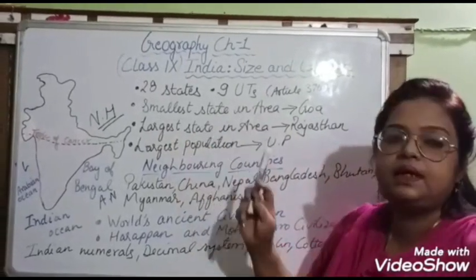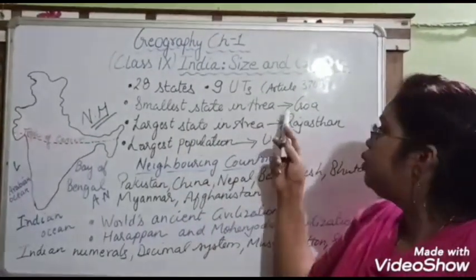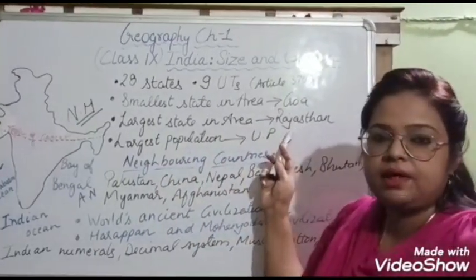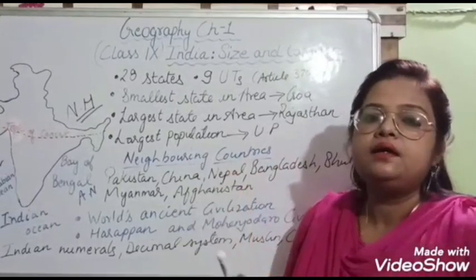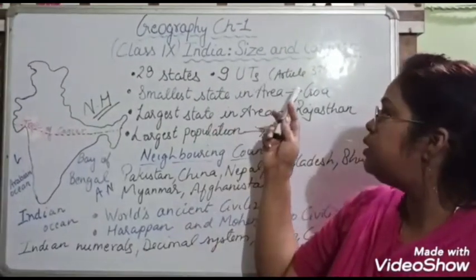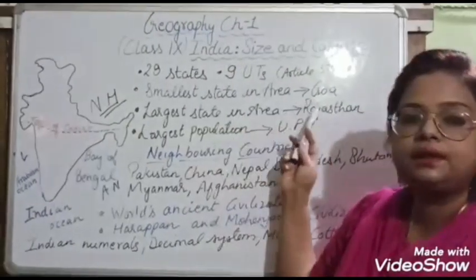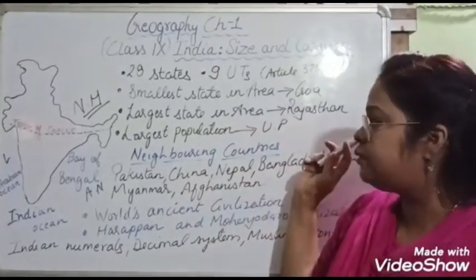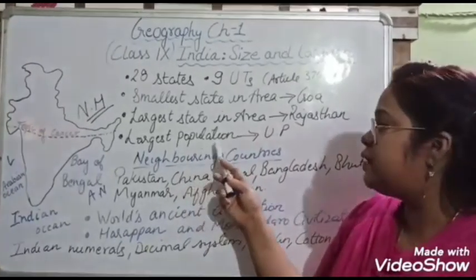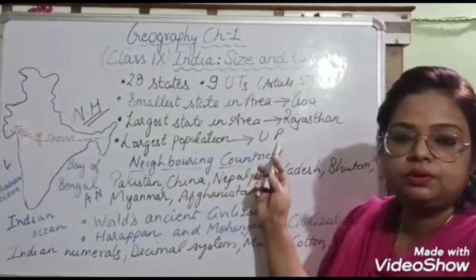The smallest state area wise is Goa, and the largest state area wise is Rajasthan. Rajasthan is so big that Goa can fit into it 92 times. And the most populous state is Uttar Pradesh.